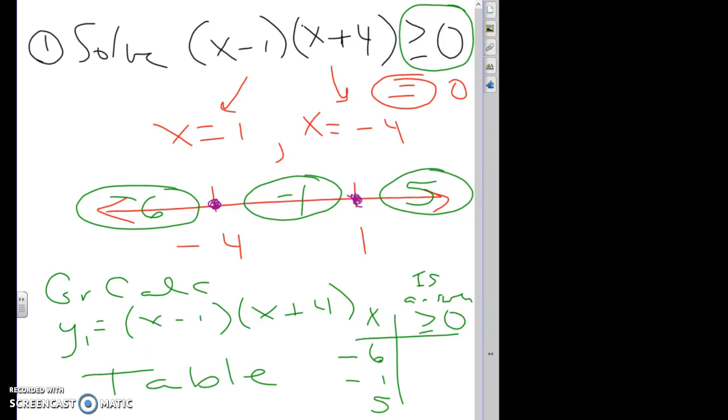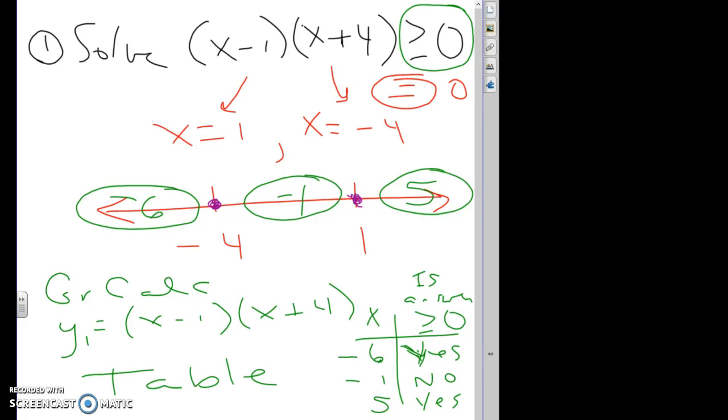Okay, positive, so we did get a yes here. When we put negative 1 in, we get a negative, which is not, so that's a no there. And when we put 5 in, we get another positive answer, so it is also greater than 0.